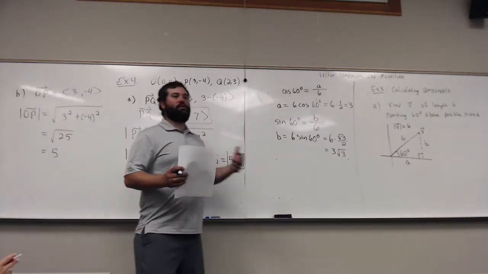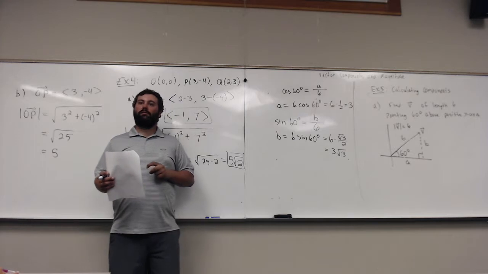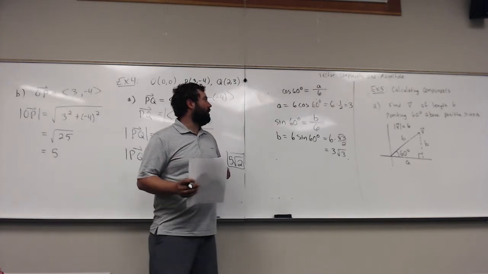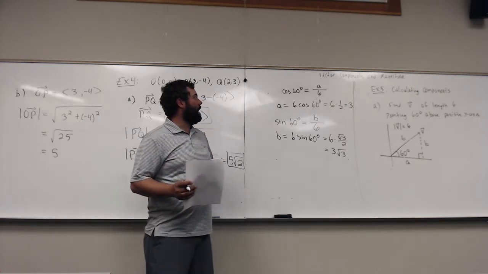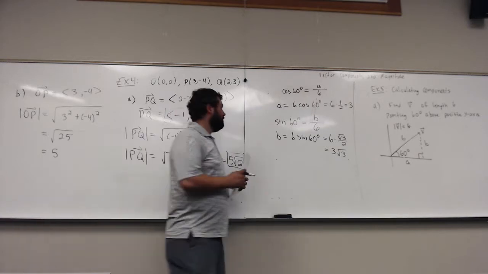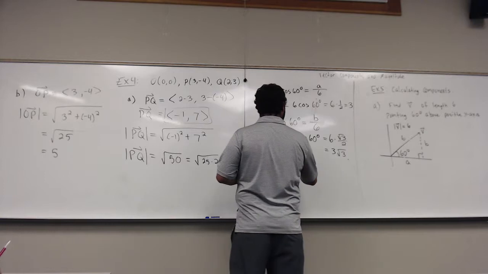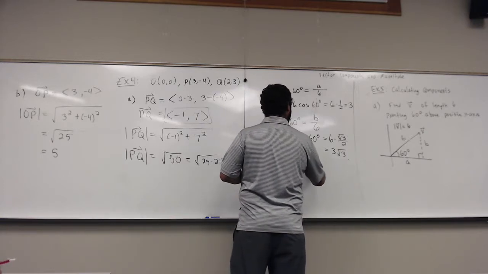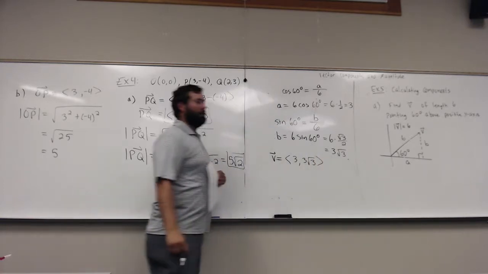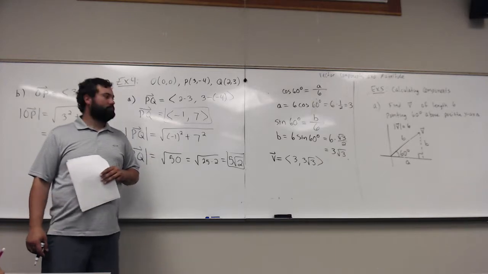Again, 60 degrees is the same as pi over 3 radians, and for pi over 3, cosine is 1/2 and sine is root 3 over 2. So the components of the vector v are 3 and 3 root 3.